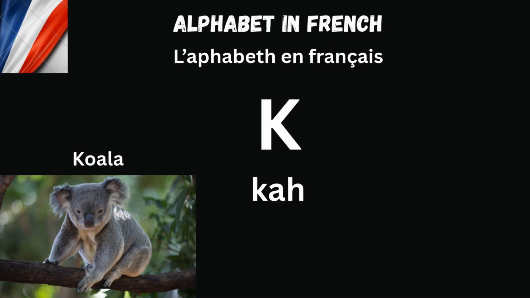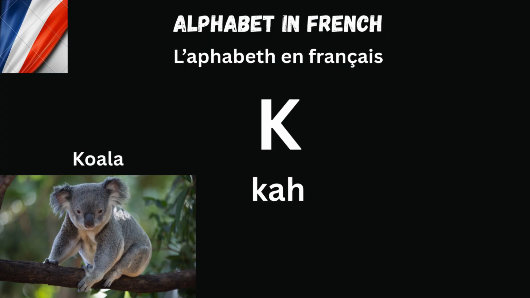So the next letter is K, pronounced ka. Again. Ka. Again. Now you can see on your left-hand side, letter K stands for koala. Koala is the name of an animal. It's not really a French name. It's a name used in both French and English, originating from an Australian language.